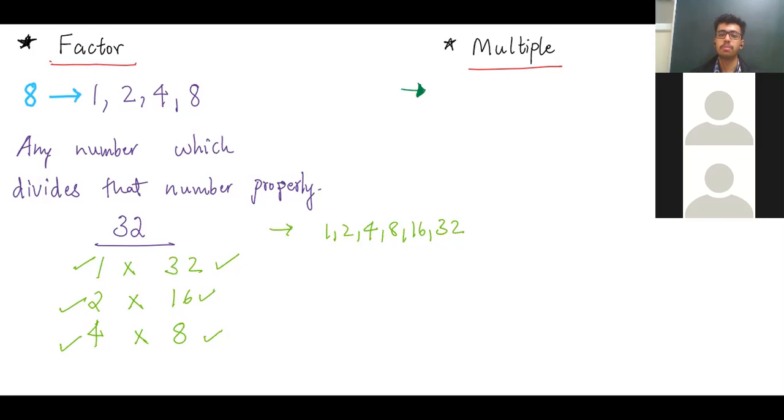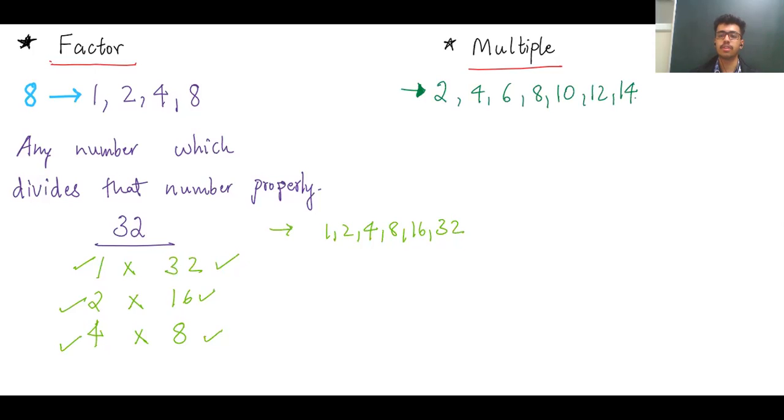For example, multiples of 2 are 2, 4, 6, 8, 10, 12, 14 and so on.